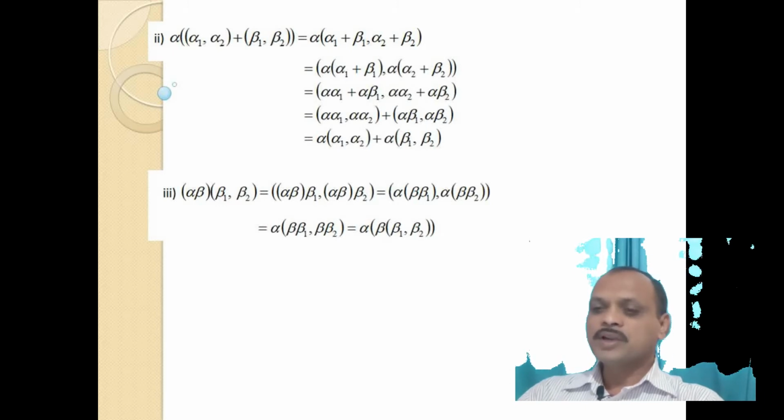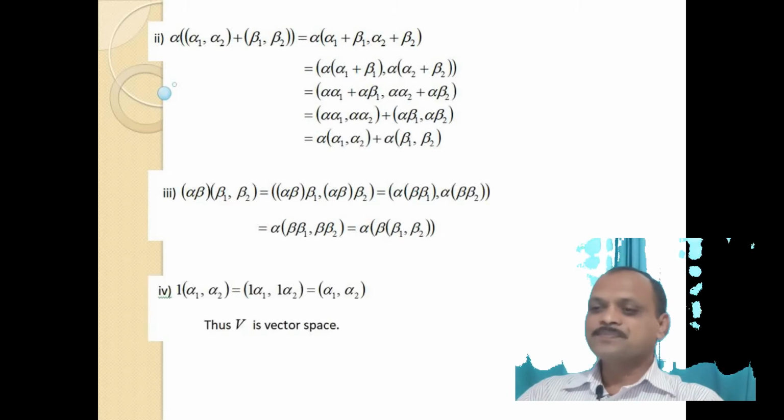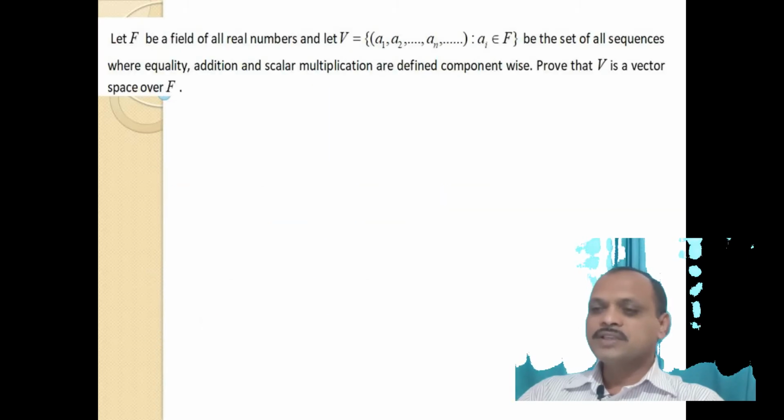Third property: alpha beta multiplied to beta 1 comma beta 2; treat alpha beta as a single scalar, and we get alpha into beta times beta 1 comma beta 2. The fourth one is very obvious. So V is a vector space.